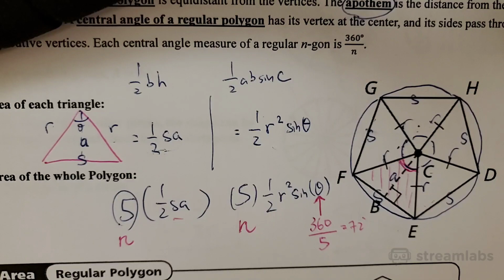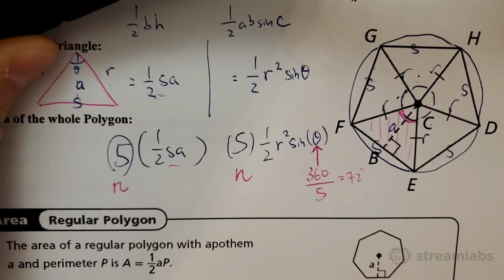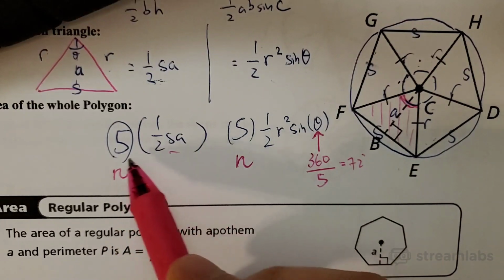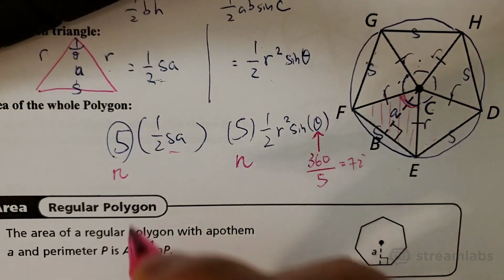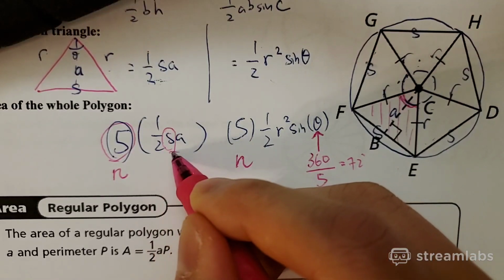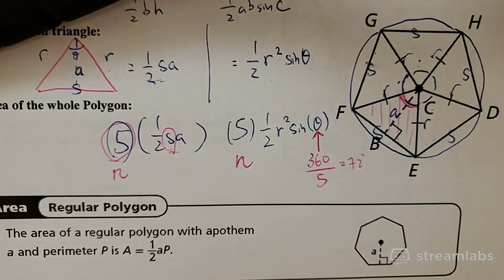Now, notice one thing. If you look at the equation of the first one, you realize there's a 5 times s. 5s, right?